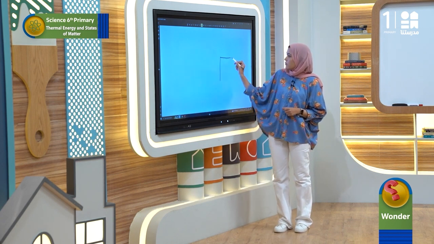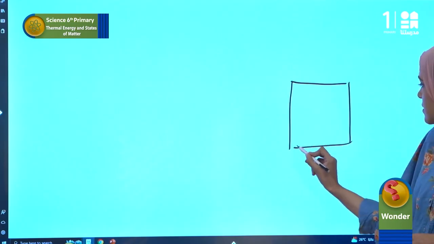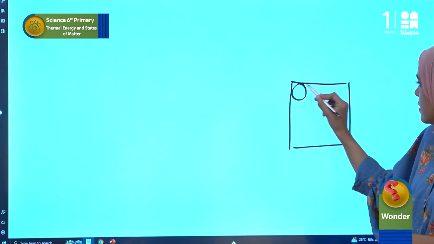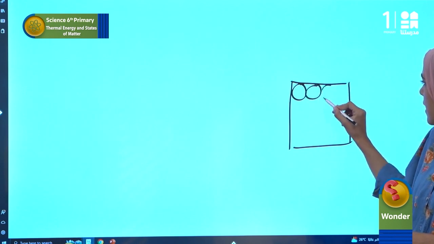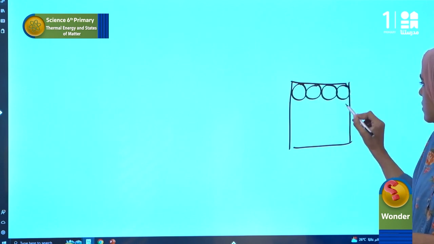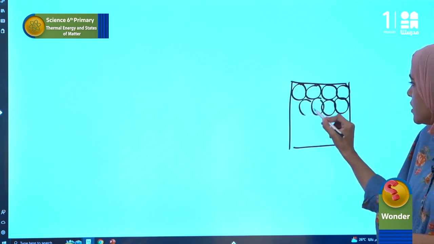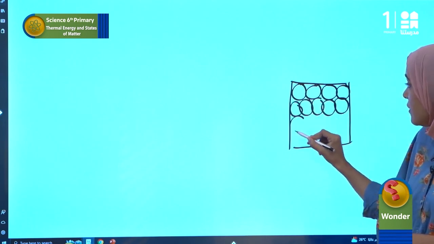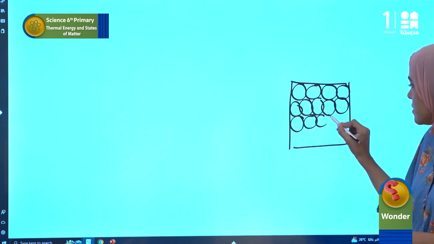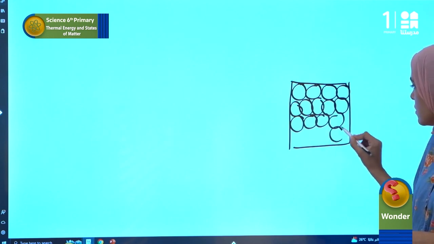Now I'm going to draw the first state, which is solid state. As we know, solid particles are very close to each other, and there is no space between the particles.